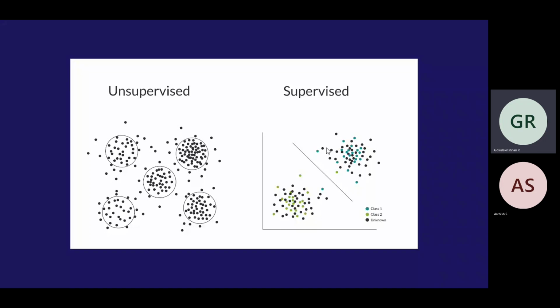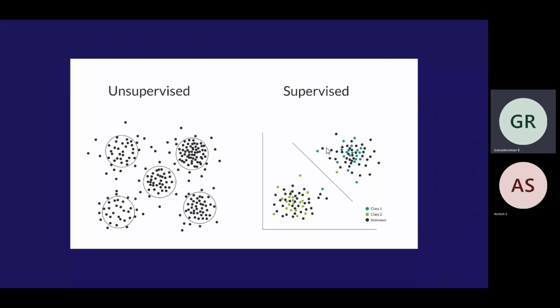And in unsupervised learning, we're trying to cluster the data set into different clusters. The key difference between unsupervised and supervised learning is that you know from before that data belongs to either class 1 or class 2.